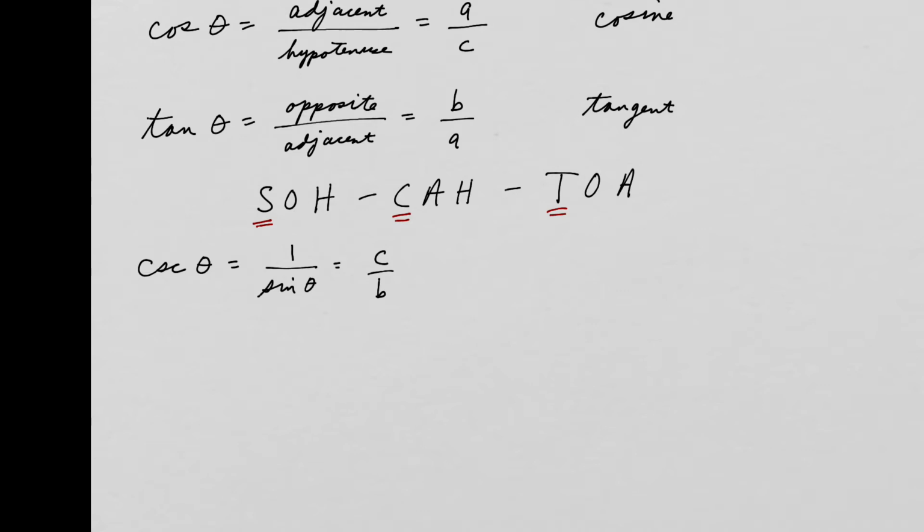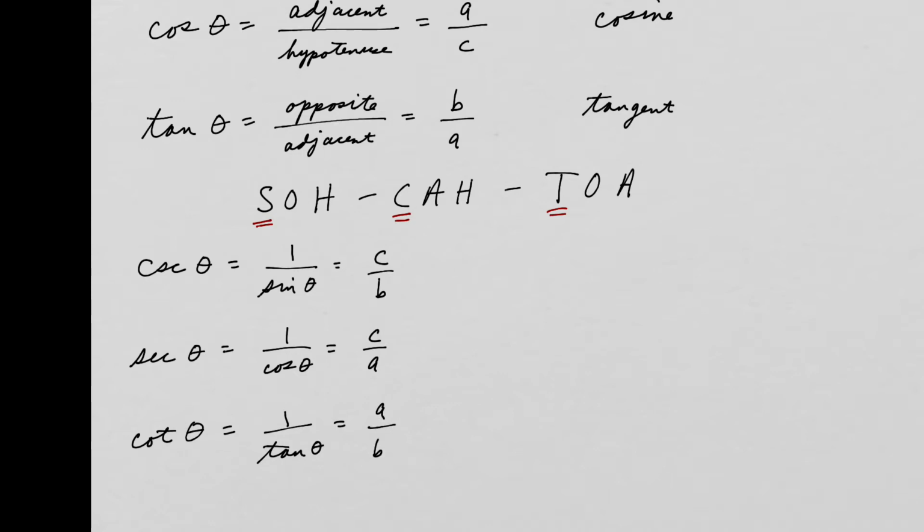And then we have secant of theta. Well, that's 1 over cosine of theta. But cosine is A over C, so this is going to be C over A. And then finally, cotangent of theta is 1 over tangent. And since tangent is B over A, this is going to be A over B.